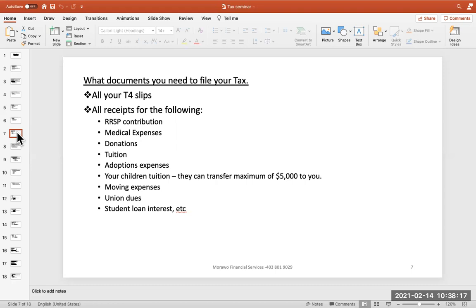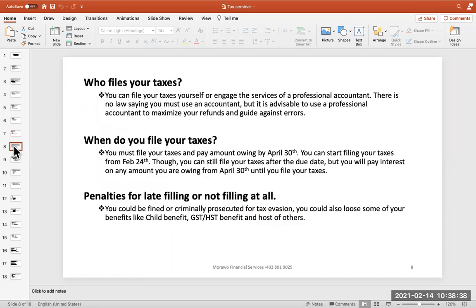Then moving expenses, if you move from one province to another, whatever expenses you incur, you can claim part of them. Then union dues, you belong to a professional body, you pay dues to them, then you can also claim it. Then your student loan interest. So these are part of the things you need to get ready to file your tax returns.